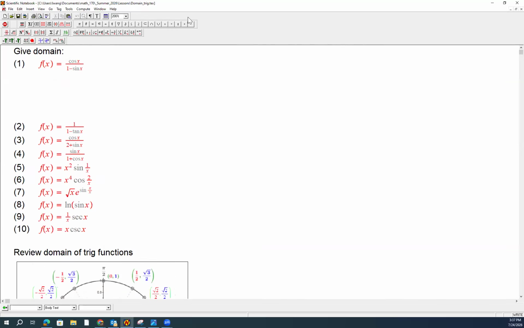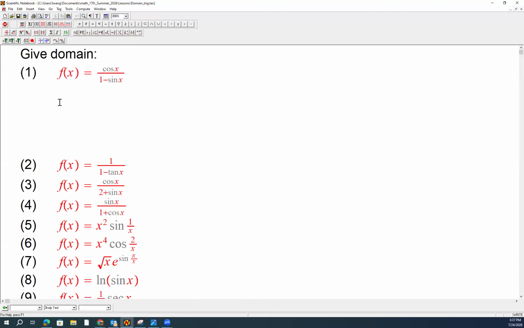So we're going to see functions with more complexity. We're not just having sine and cosine. We're going to have an operation on these functions. For example, in this case, the numerator is cosine, the denominator is sine. We know cosine is in the numerator, the domain is all real numbers, that's not a problem, but the denominator cannot be 0.